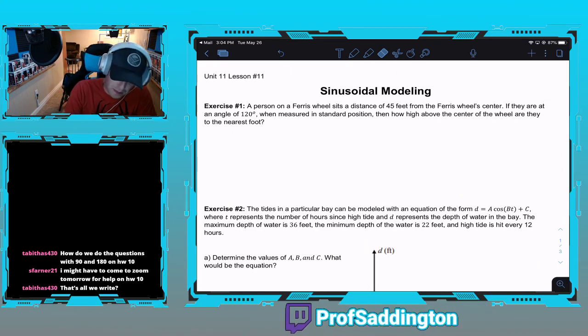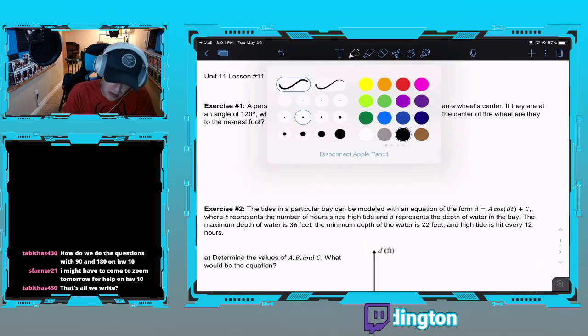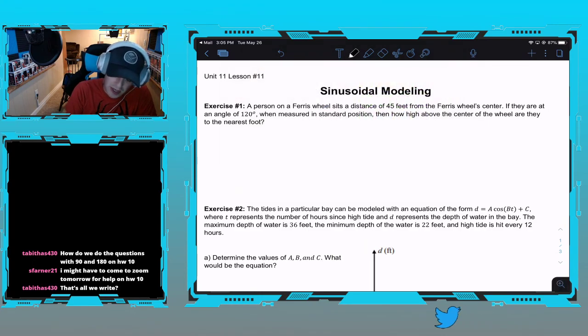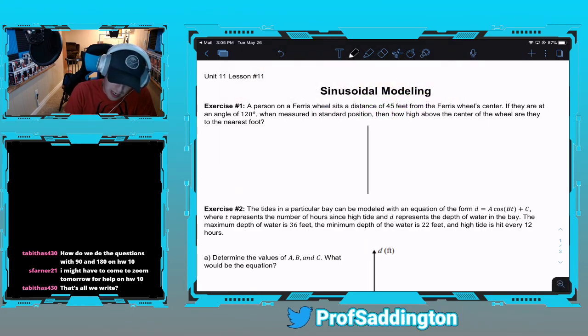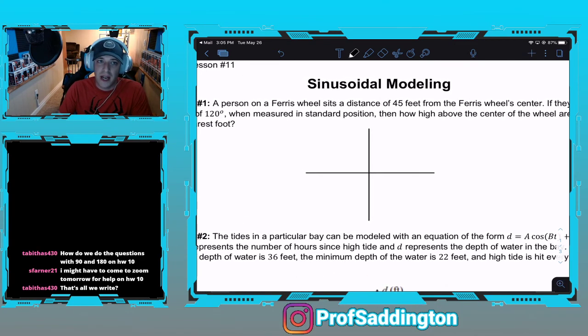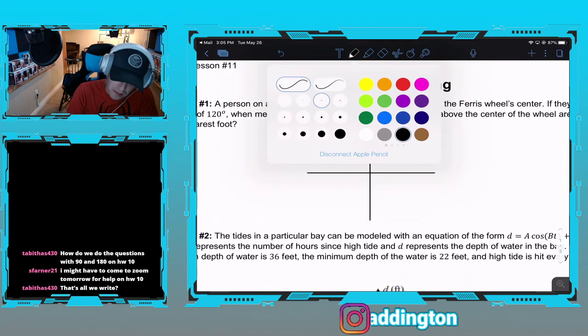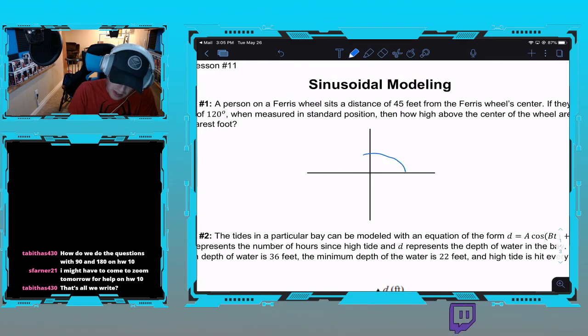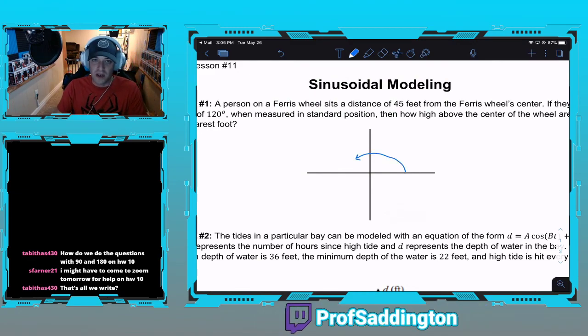Because we have an angle, I'm going to draw it. And anytime you guys see an angle, for the most part, I recommend doing a rotation. So I have my x and y axis, and I have 120 degrees. I know 120 degrees is going to take me over into the second quadrant.